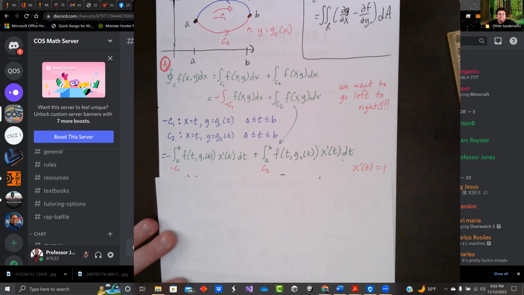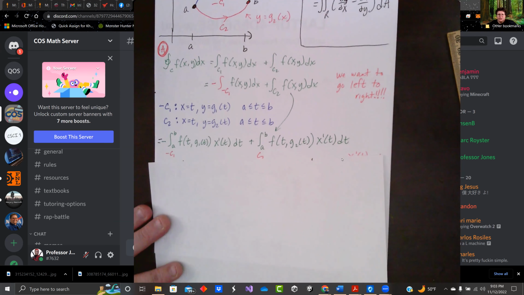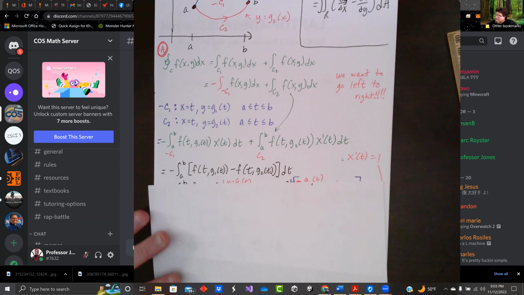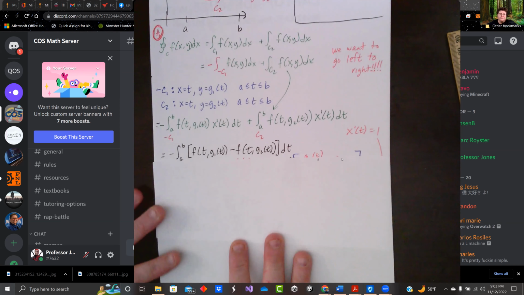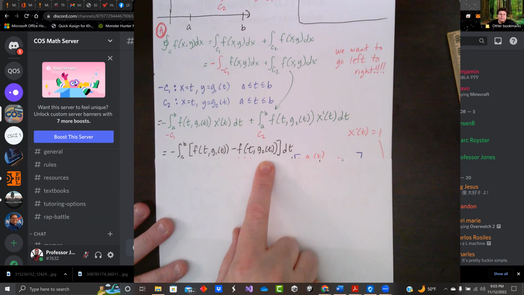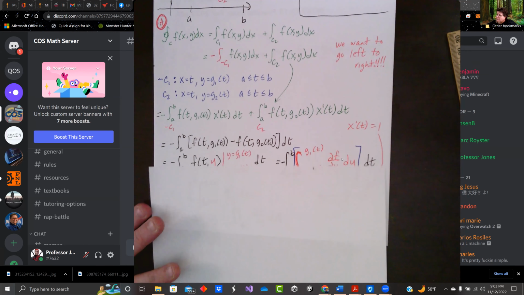So that's handy. So we'll change our function to f's with t's in them. So we've got f of t, g1 of t, minus f of t, g2 of t. Okay, that's where we're at right now.